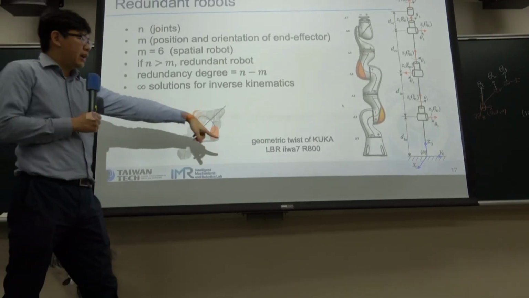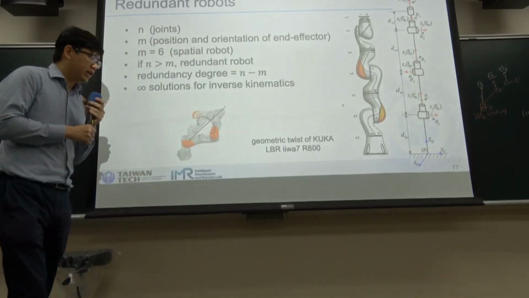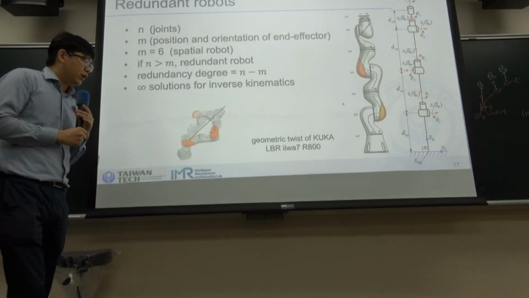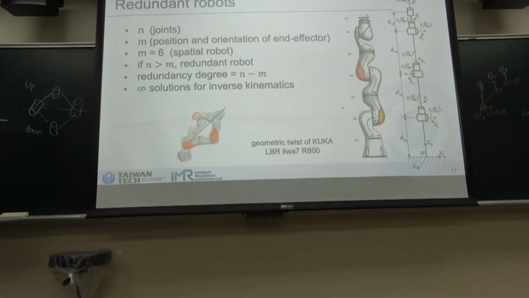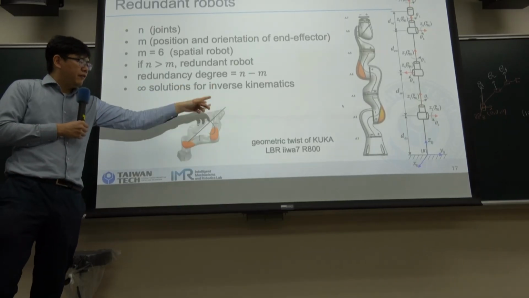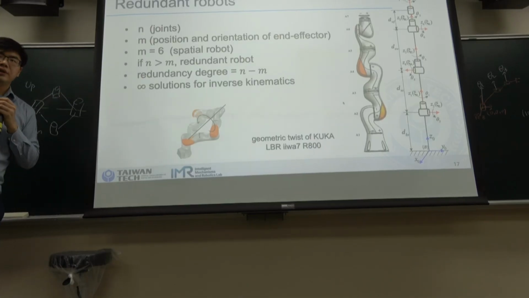So this is a 7 joint robot, or you can say a 7 degree of freedom robot, and it's a KUKA LBR iiwa 7. When you solve the inverse kinematics for this robot model, you will get infinite solutions.